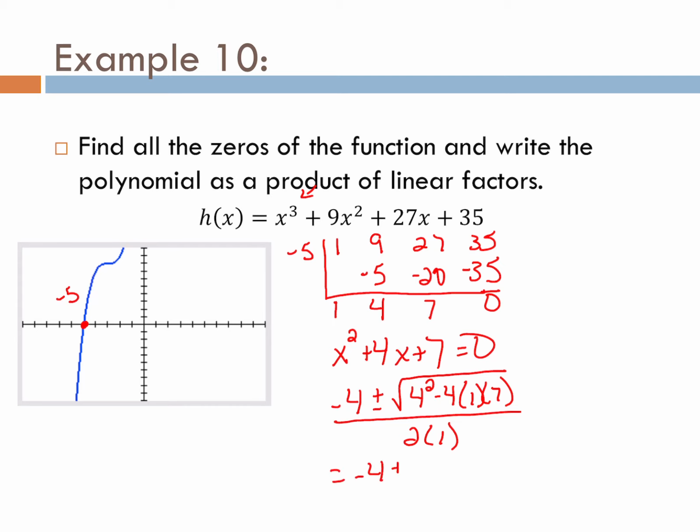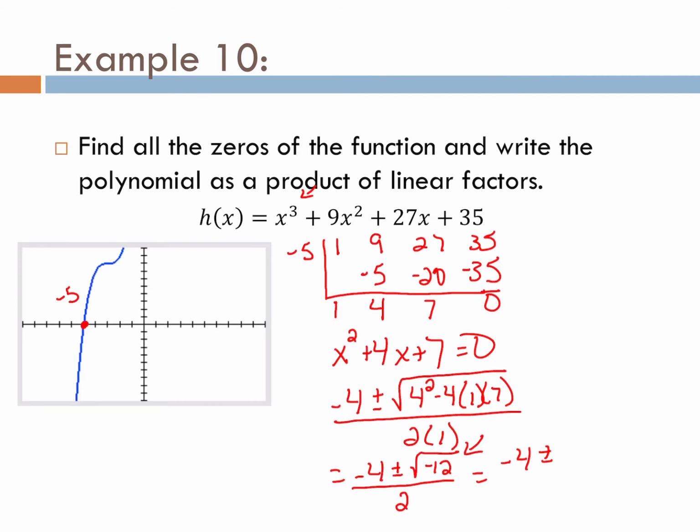So -4 plus or minus, we need to figure out what's going to be inside our square root. So inside our square root, we're going to have -12 all over 2. So -4 plus or minus, we need to simplify this square root.